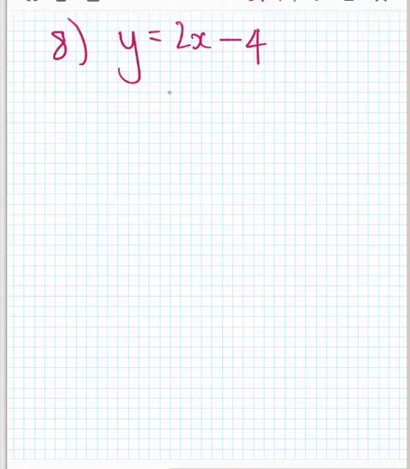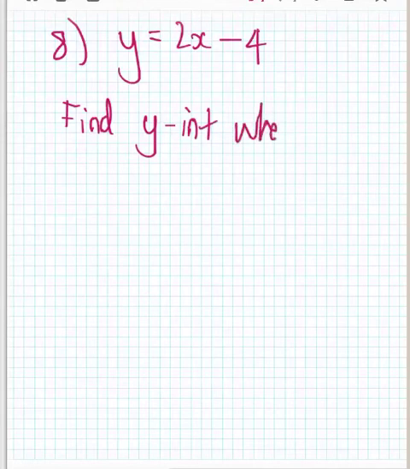There are 3 methods when drawing a graph. Okay? And this is the second one that we've learned. So to do this, there are 2 steps. Your first step is find the y-intercept, and with this one, you can see what it is. The y-intercept is -4, but find the y-intercept when x is 0. That's your first step.